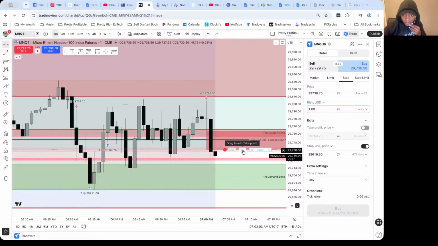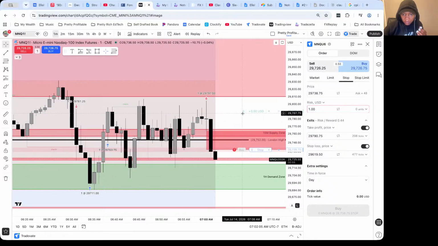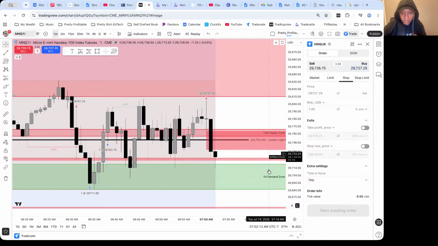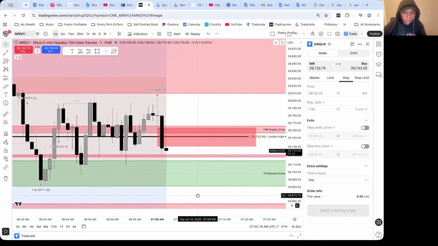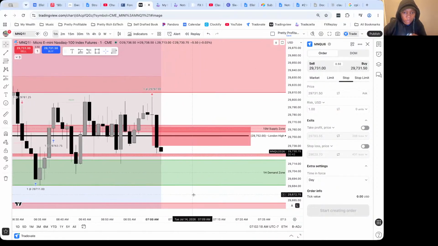Okay. Drag to add take profit. But where's the... Yeah, I don't know. So we've been respecting this demand zone a lot. So I'll just touch this so we can look for another entry.